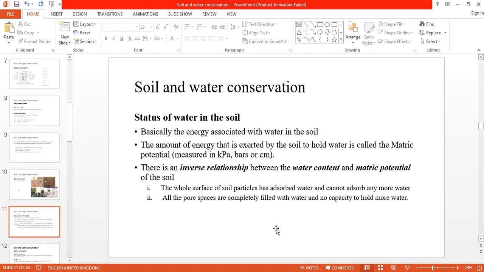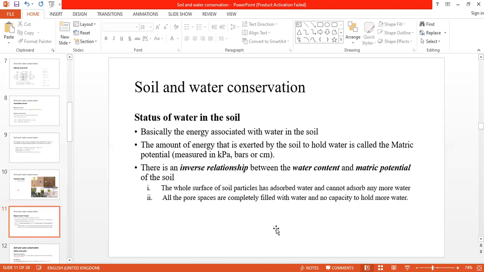But as you continue to add water, that affinity will reduce, because the soil particles have absorbed enough water, and as you add more, the additional water will just drain away. It's like a person who is very hungry: the moment you give them food, they keep eating until they become full.